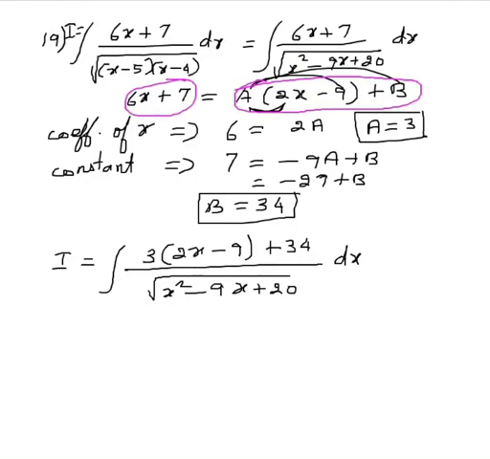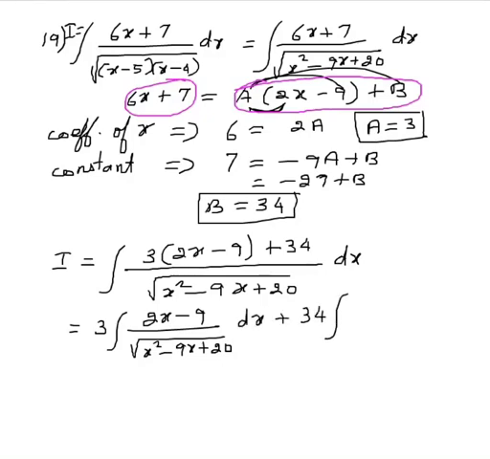First step is over. Now the second step is separating this into two integrals. 3 times 2x minus 9 divided by root of x square minus 9x plus 20. Plus the second term, 34 is a constant, can be removed outside the square root.